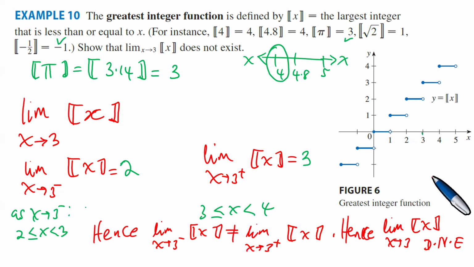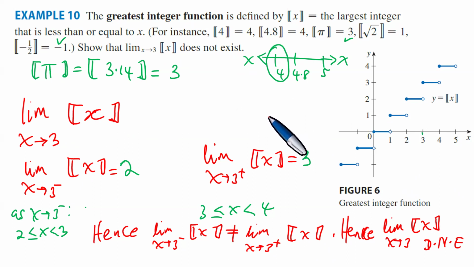And obviously, it's very easy for a student to just think that the limit is 3 because they just substitute 3 there. But we know that this is a stepwise function. This is the graph of the greatest integer function. Let's spend a minute or so on the graph and interpret it.